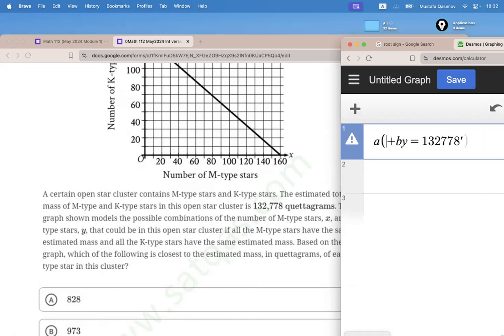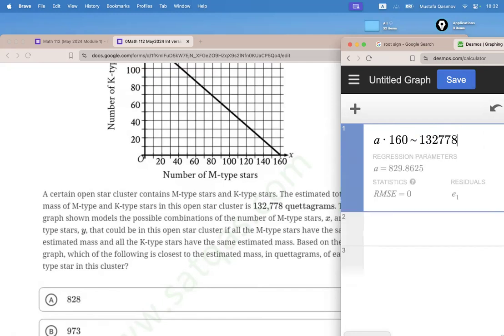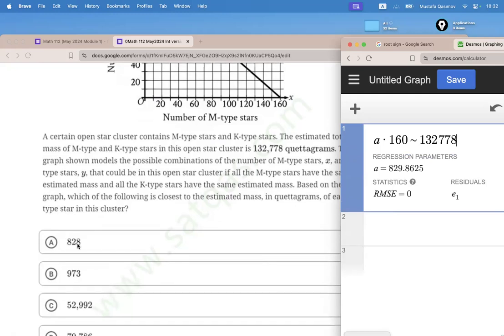Let's write 160 instead of x, and 0 instead of y. Then this part will be eliminated. It will be like that. Then find a. And the answer will be 829. So it is A.